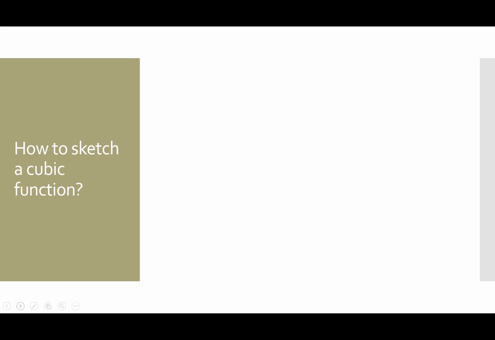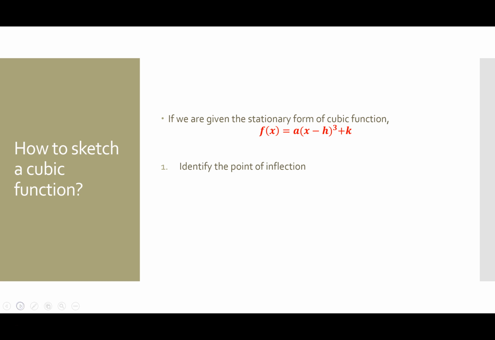So now we will learn how to sketch a cubic function. If we're given the stationary form of a cubic function, we first need to identify the point of inflection. In this case, that will be (h, k).